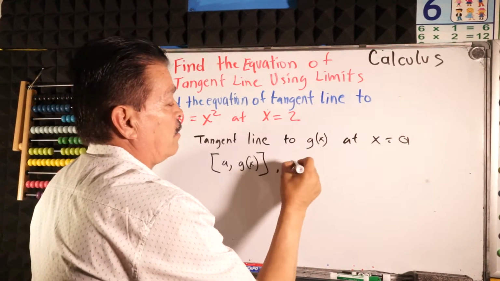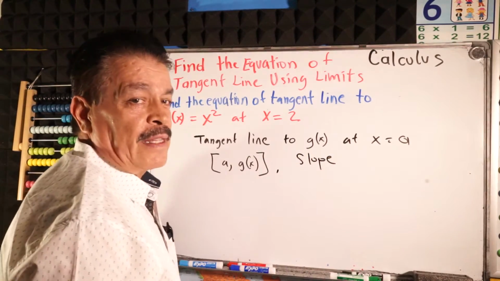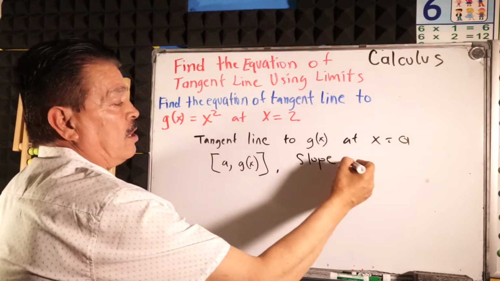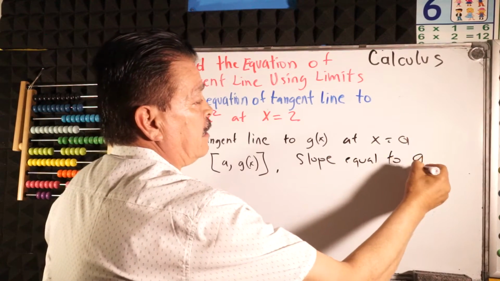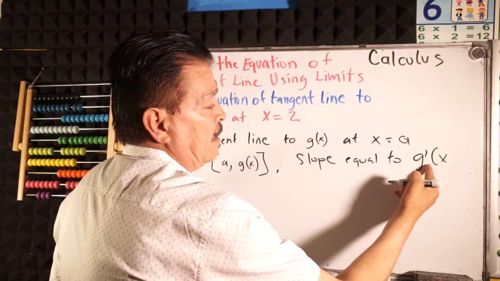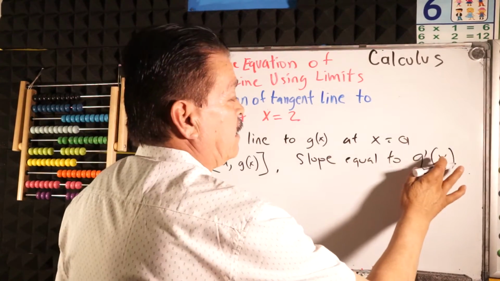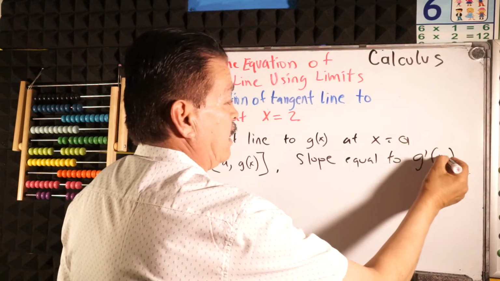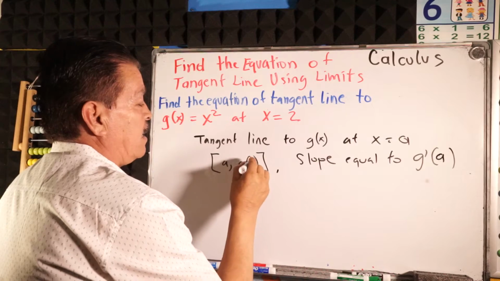The slope is equal to g prime of a. In this case, x is a. We are talking about a.